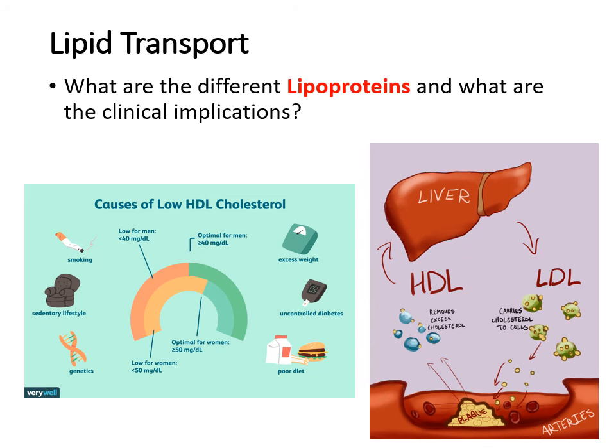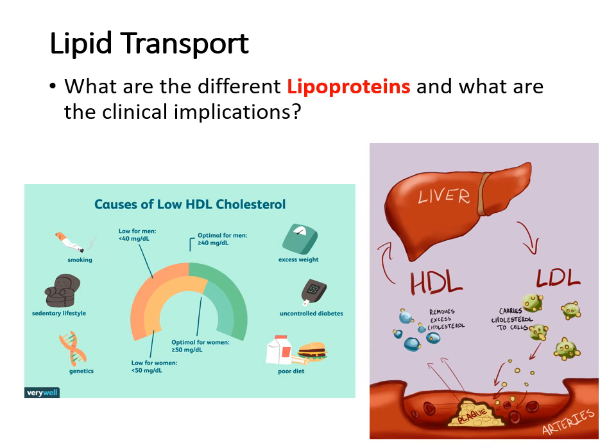Now, one of the last things I want to talk about today is lipid transport. And this involves lipoproteins, which are terms that you've probably heard before. The different types of lipoproteins that you encounter, basically as package transport for cholesterol in the bloodstream, are known as VLDLs, IDLs.